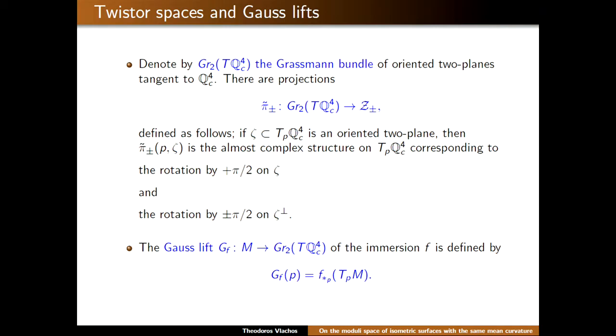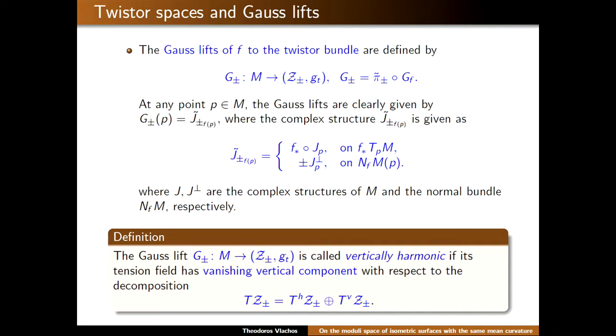The Gauss lift to the Grassmann bundle is by definition the map that assigns to each point of the surface its tangent plane. We also need the notion of the Gauss lift of the surface to the twistor bundle, which is defined just by that composition.